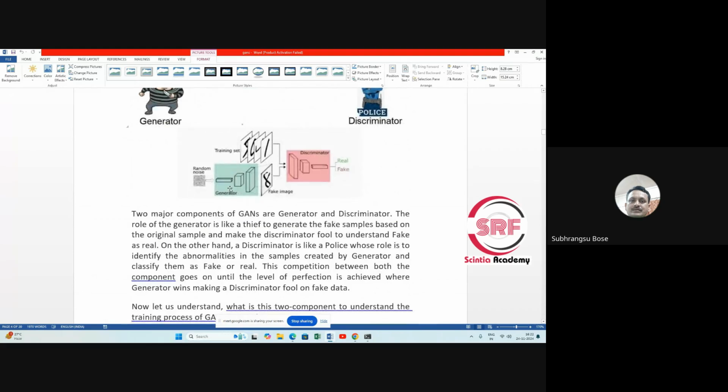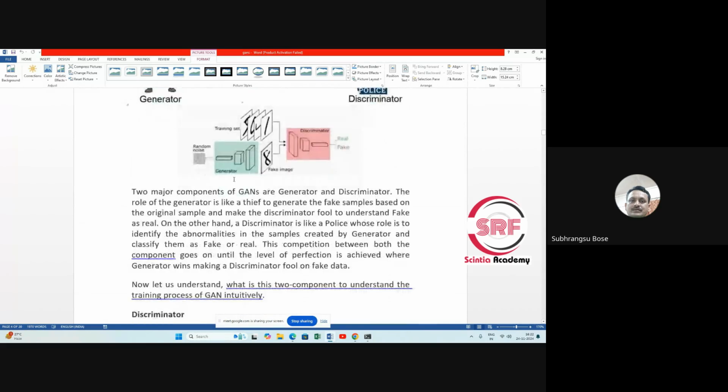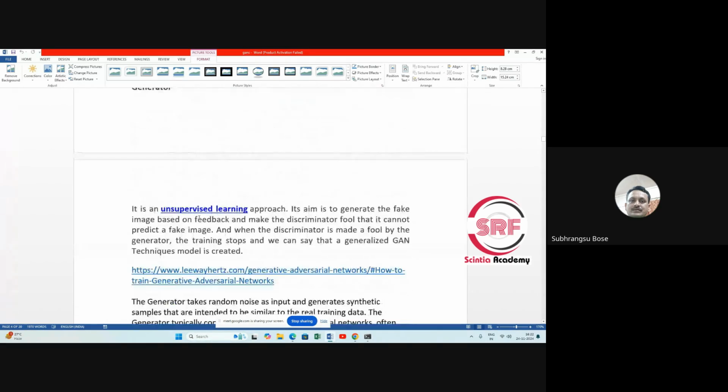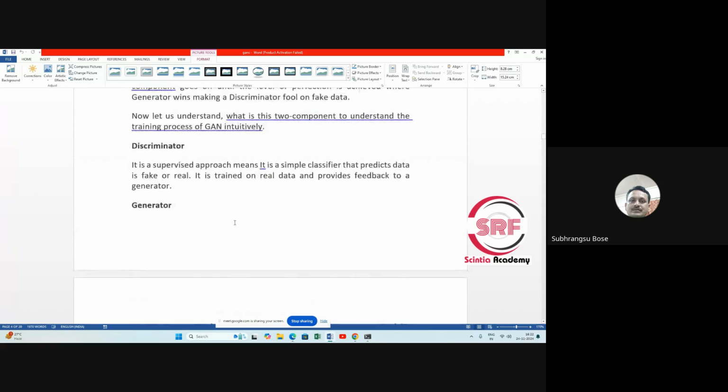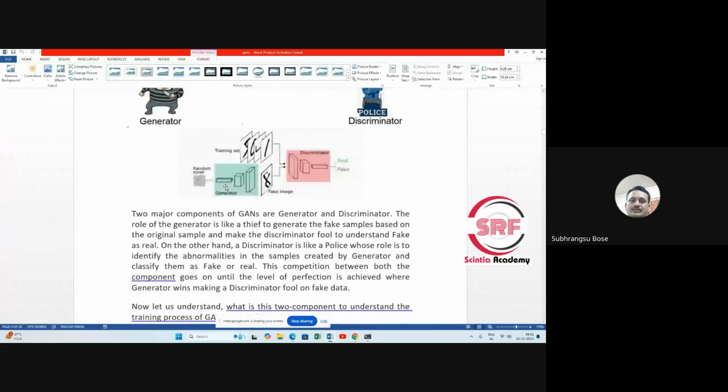In supervised learning, the generator would get an actual picture, but in this case the generator cannot get an actual picture. The generator gets random data, also called noise, and from the noise the generator creates one image, fake or real, whatever it is, but a new image.